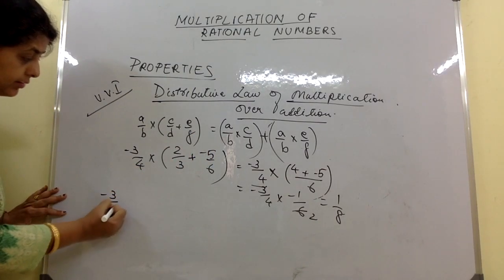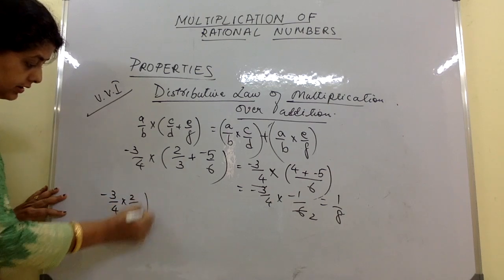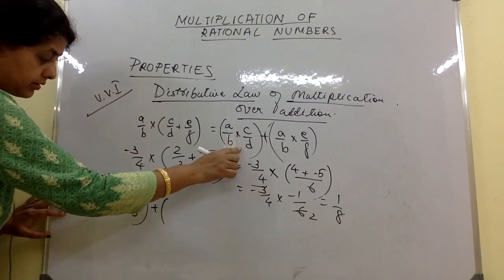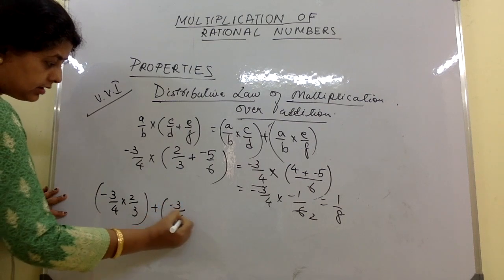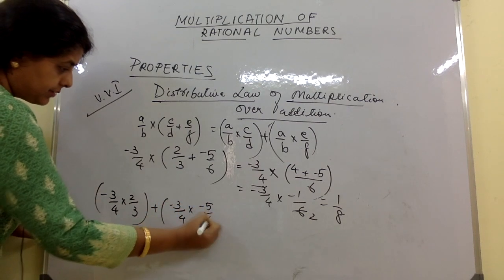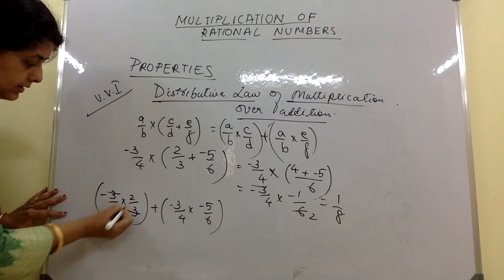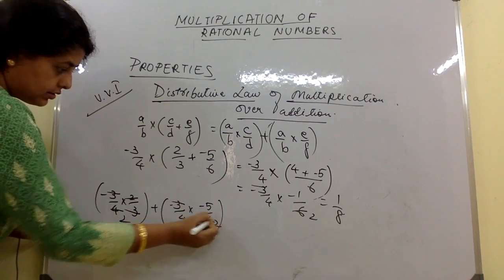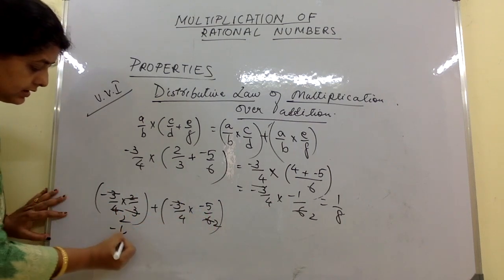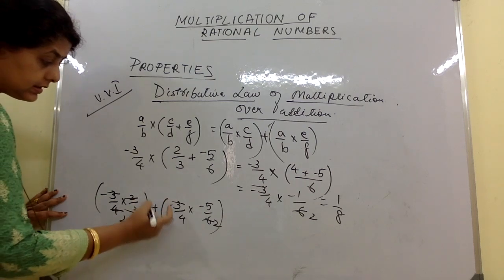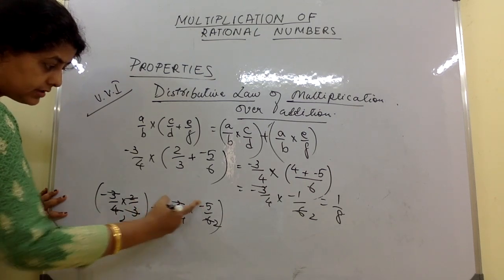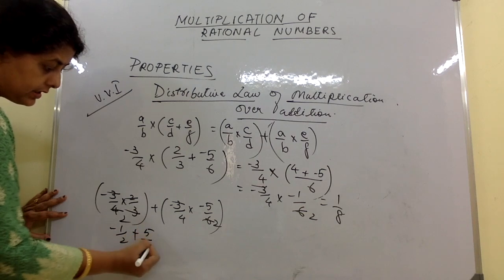Minus 3 by 4 into 2 by 3, first part, plus this part, minus 3 by 4 into minus 5 by 6. Cut this, this is a 2. Cut this 2. So I have minus half plus, minus into minus is plus, 5 by 8.